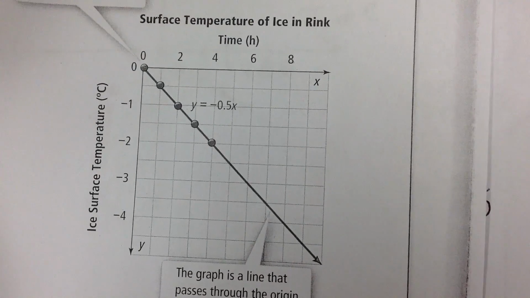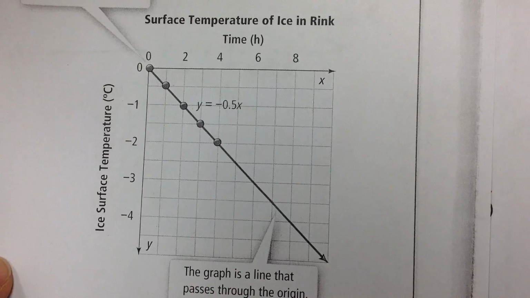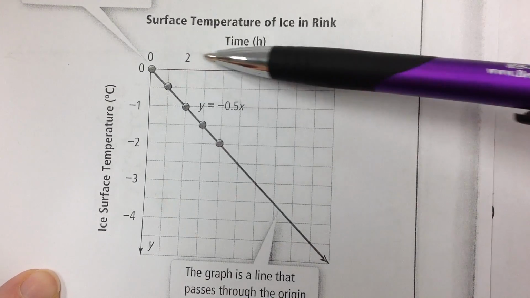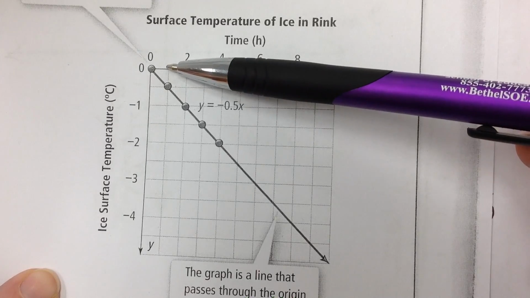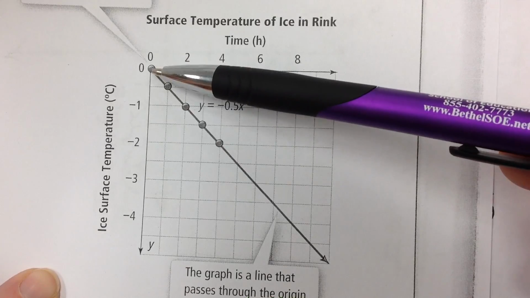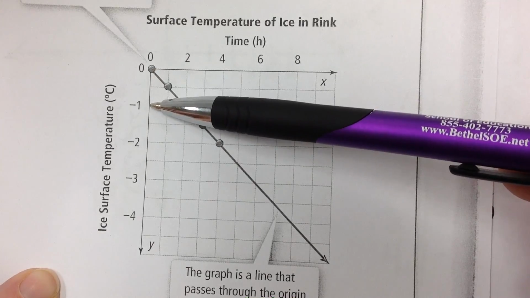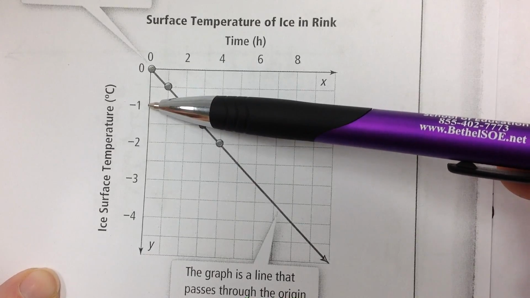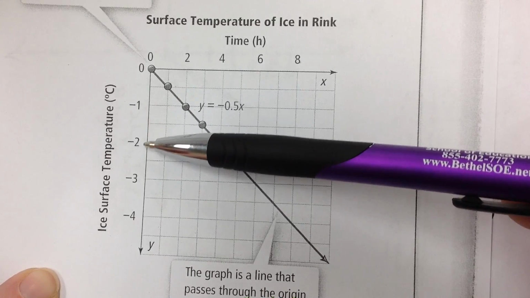Here it is. Every little marking across the x-axis was representing 1, although they left 1 and 3 off. Here, every little marking you see was representing 0.5: negative 0.5, 1, 1.5, 2, 2.5.